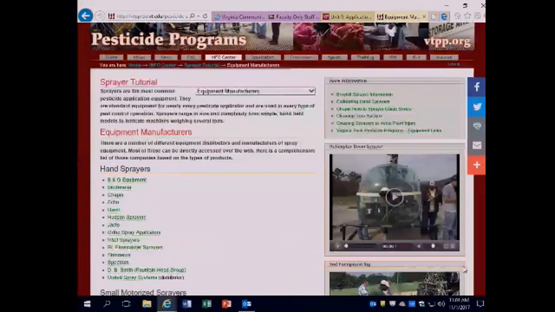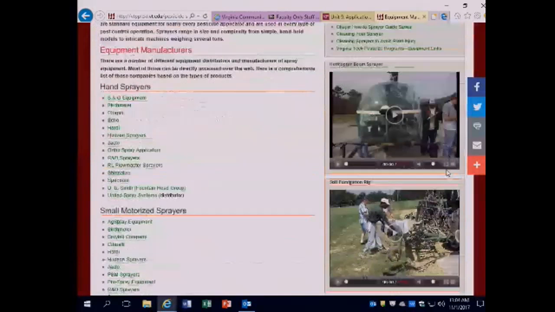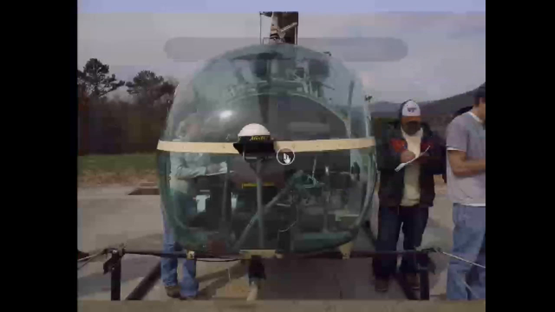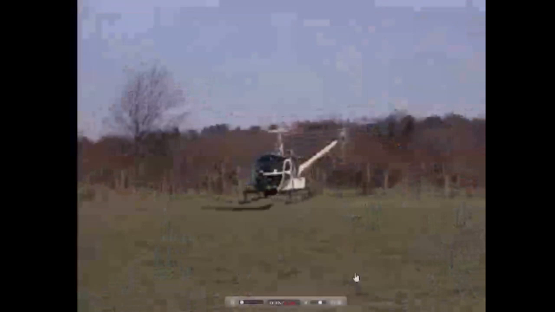There's a couple of little videos here that I think I can show. One of them is use of a helicopter to apply materials. It's got a wide boom that applies the material.